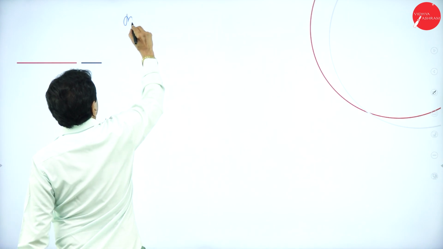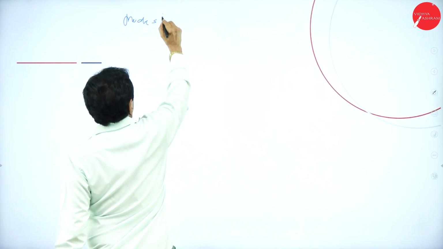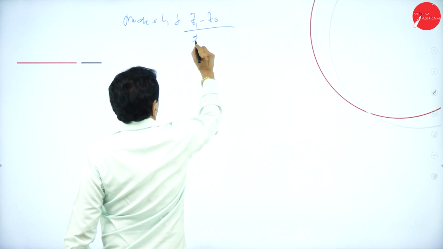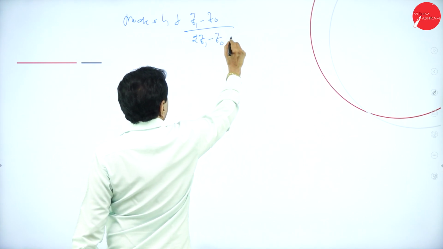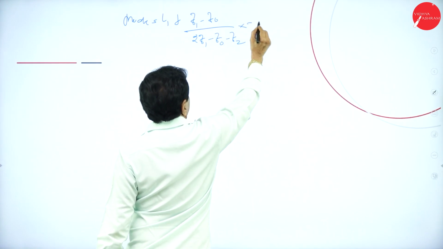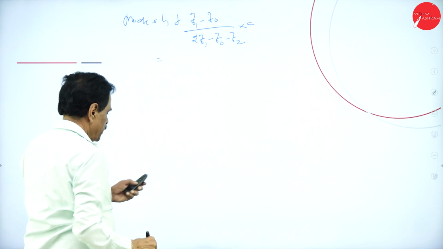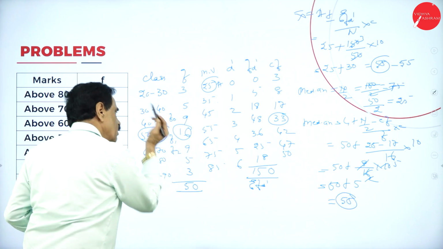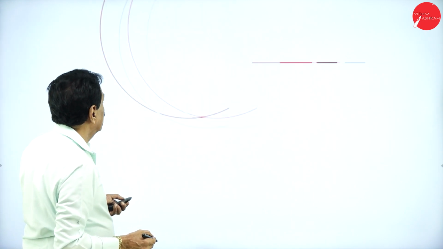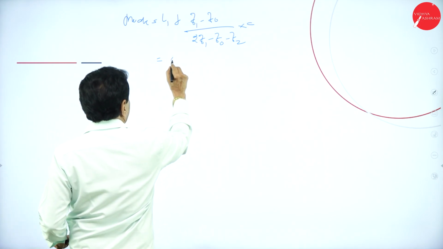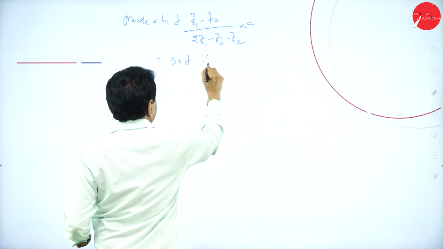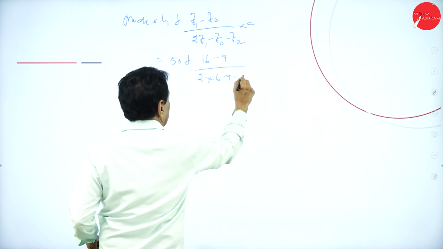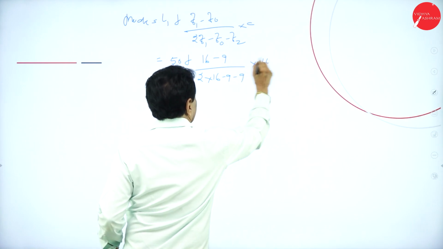Mode is equal to L1 plus F1 minus F0 over 2 F1 minus F0 minus F2 into C. I told you, your highest frequency is 16, behind is 9, forward also 9. So L1 is 50, this is 16 minus 9 over 2 into 16 minus 9, forward also 9, your class interval is 10.